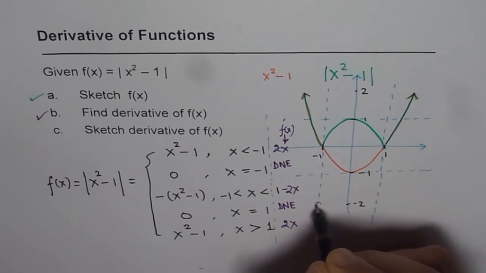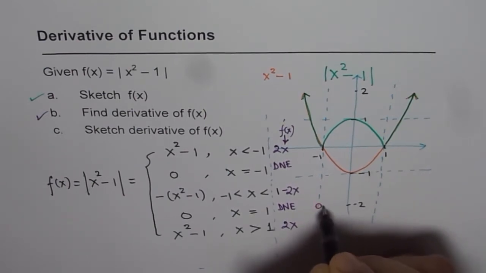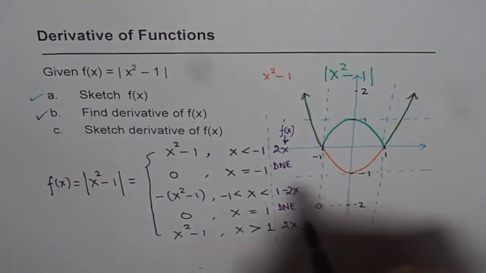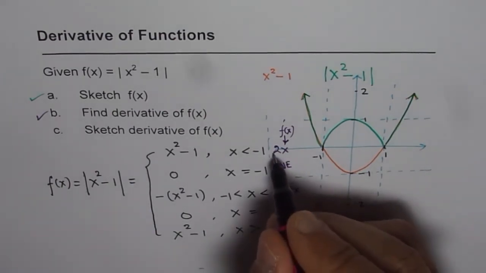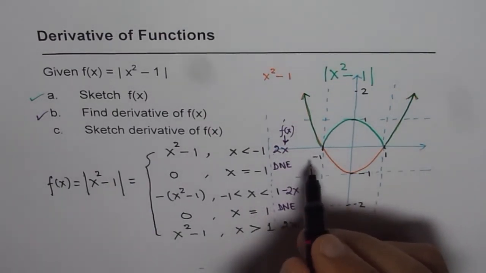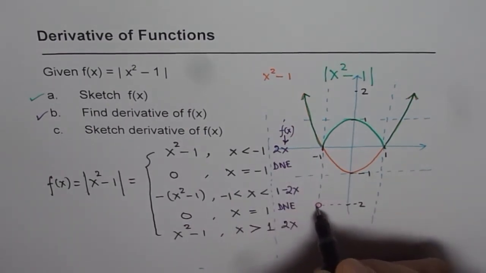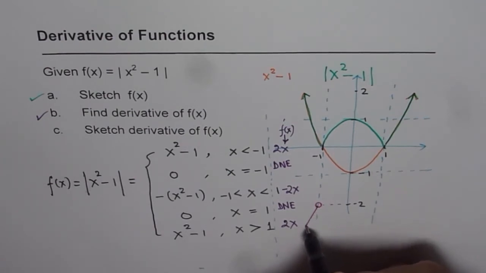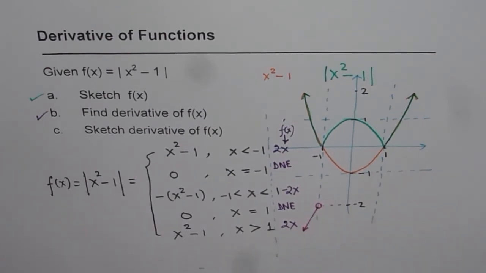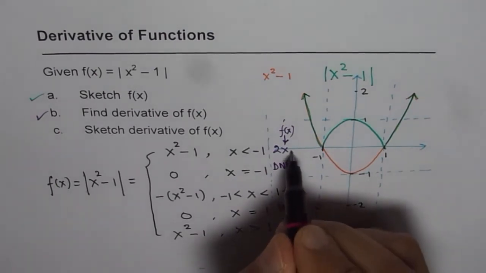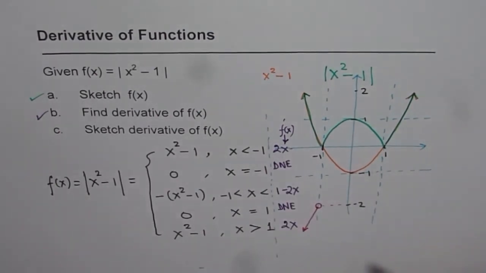So that point is a hole. Slope is 2, so it's a straight line from minus infinity to minus 1 in this interval. So I can draw this line with a slope of 2. It's kind of like this, correct? So that becomes the first part.